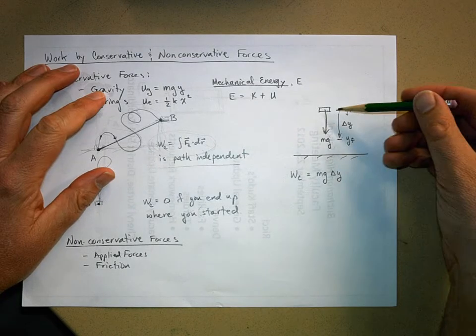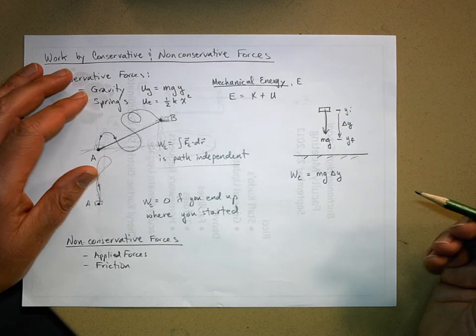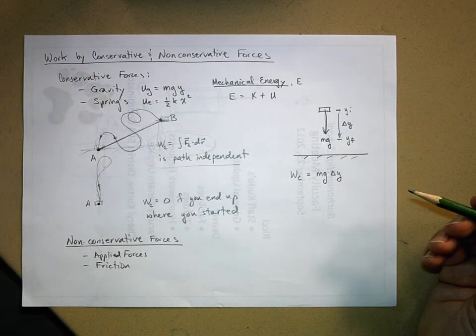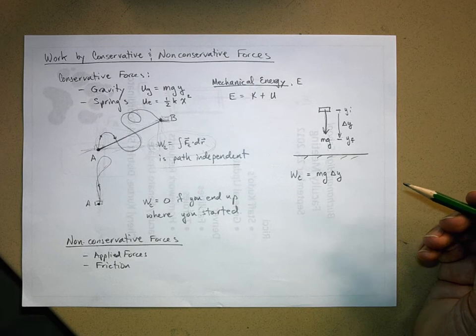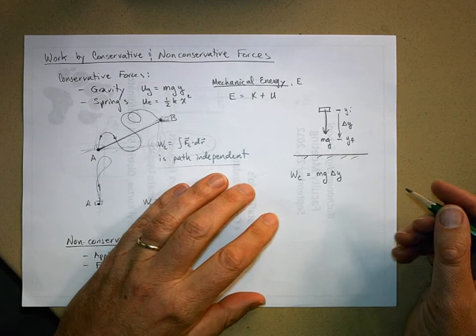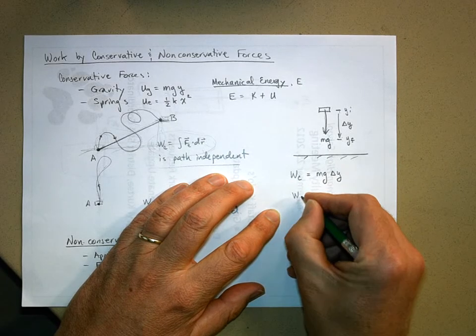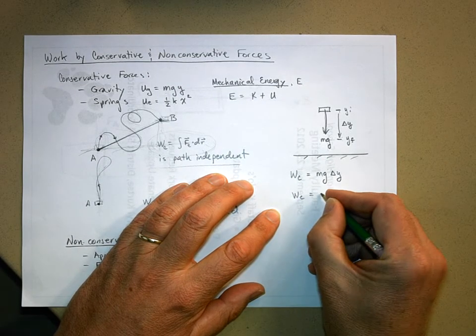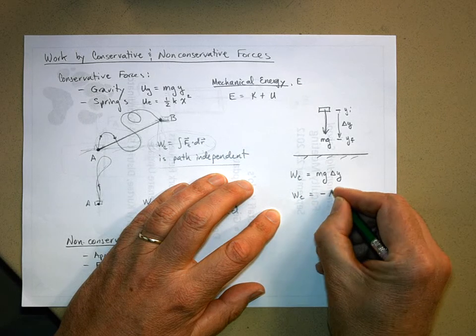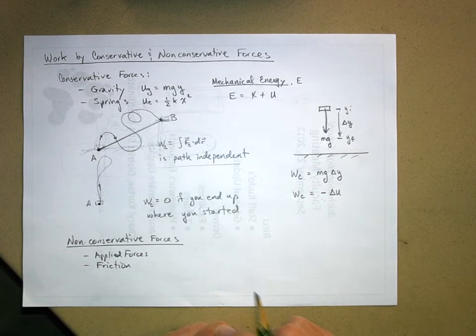When a conservative force does positive work, I'm going to lose gravitational potential energy. And so what I can do is say this: work done by the conservative force results in a loss. In other words, delta U is going to be negative.